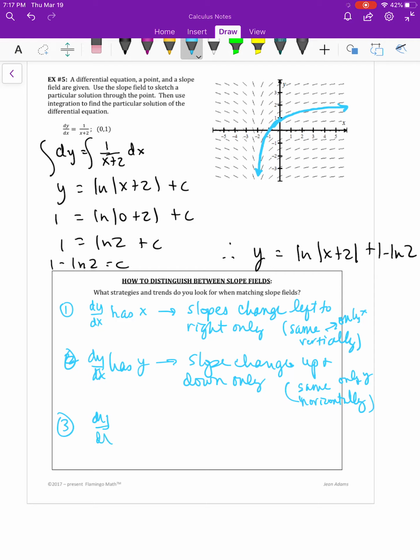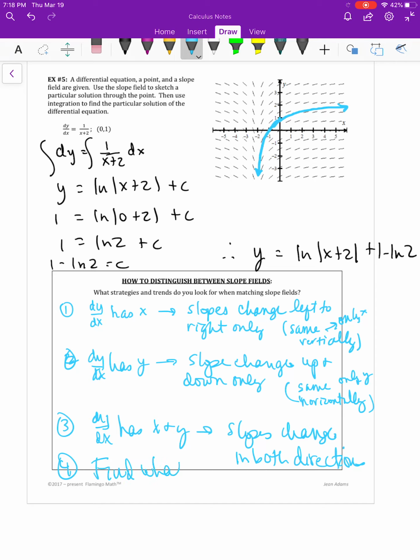Number 3, dy/dx has x and y if the slopes change in both directions. And number 4, find what conditions will make dy/dx be 0, so you could look at what makes it 0.